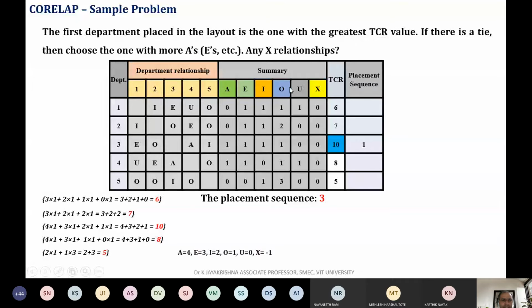Then I am counting the number of A, I, E, U, O, and putting that in numerical values here. I repeat, I have made this summary sheet. To make it, I'm counting the number of A, E, I, O, U, X in the row.